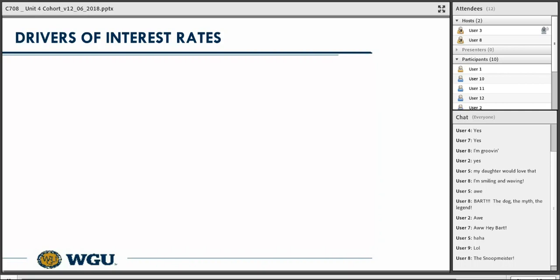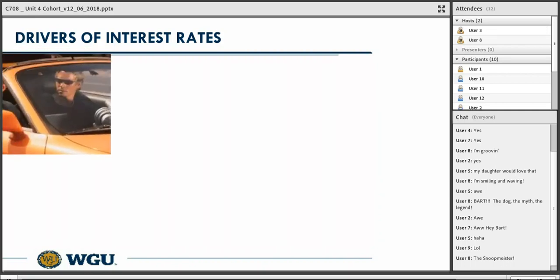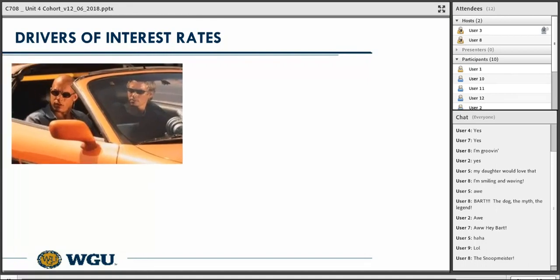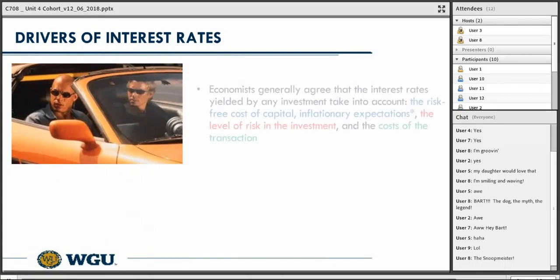All right, so let's think about what are the things that drive interest rates. And there we've got the legendary Vin Diesel and the late great Paul Walker from the Fast and Furious.